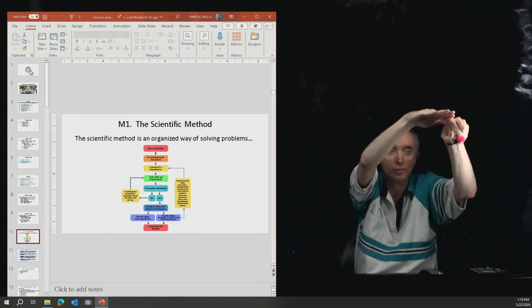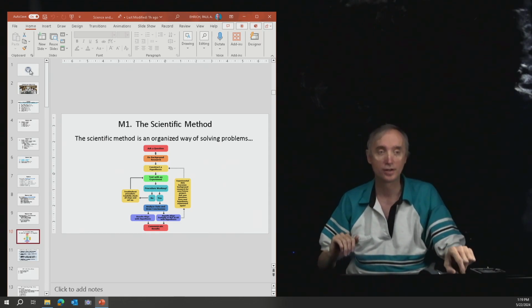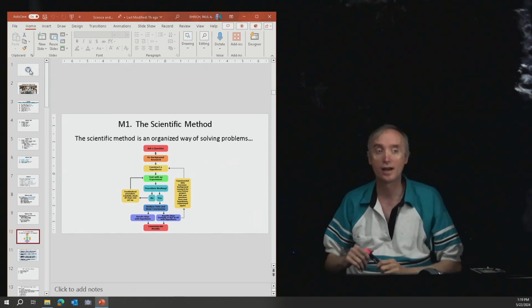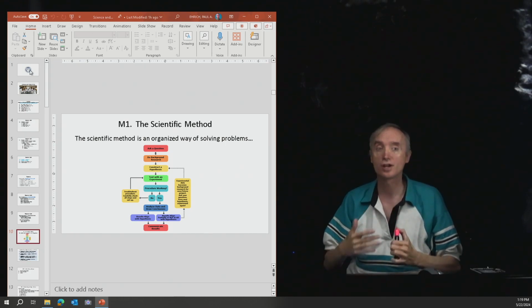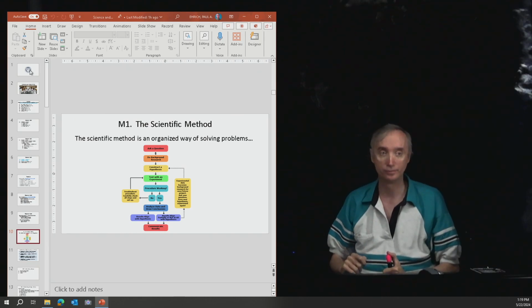And then when I do the experiment, it didn't work. So that means that I need to either change the hypothesis or change the experiment.